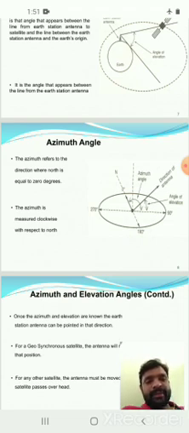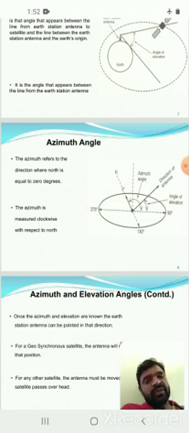Azimuth angle. The azimuth refers to the direction where north is equal to 0 degrees. The azimuth is measured clockwise with respect to north. Here, the azimuthal angle refers to the direction of the satellite from north onwards.